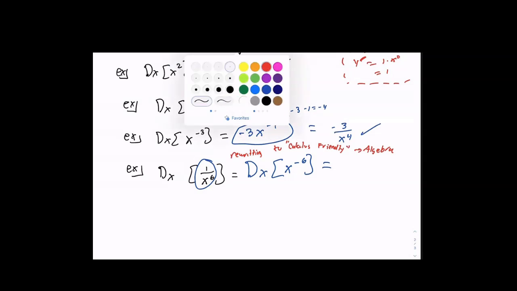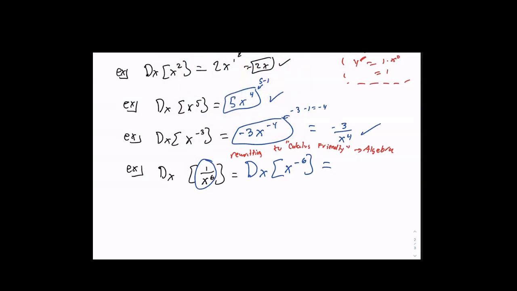In doing so, now what is the derivative? It's almost exactly the same as the one before it. The derivative is negative 6x to the power of negative 7. Perfect. And if you want to write this as negative 6 over x to the seventh, that's also good.